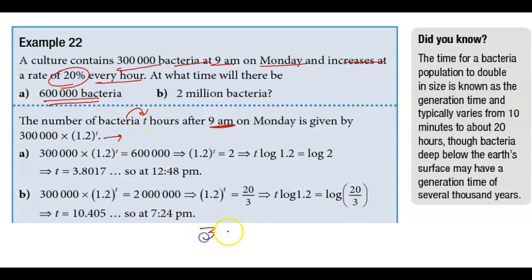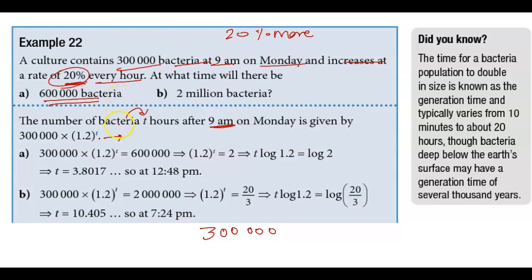Initially the amount was 3 lakhs, right? And it increases at the rate of 20%. Okay, children, 20% means how much would there be after 1 hour? It will be 20% more, right?